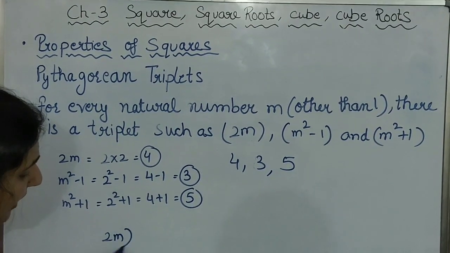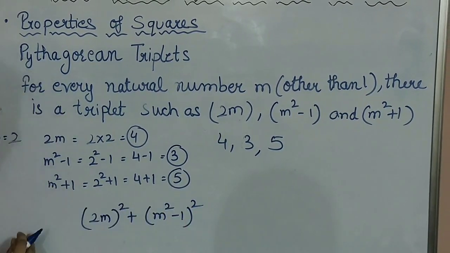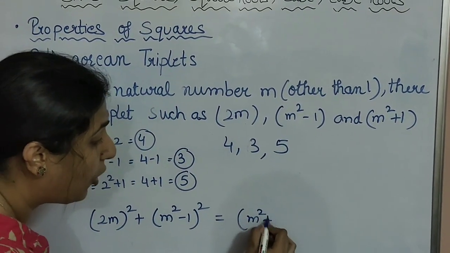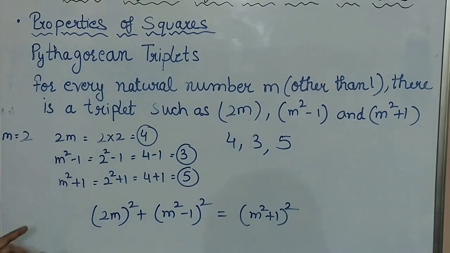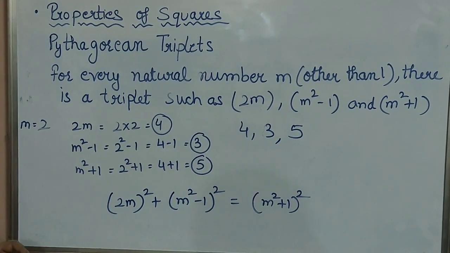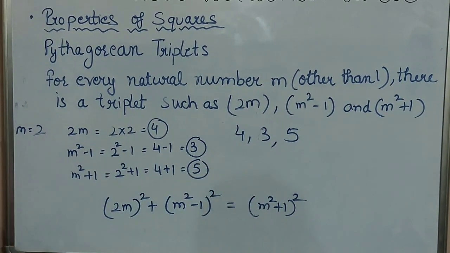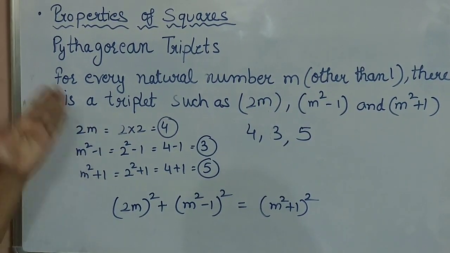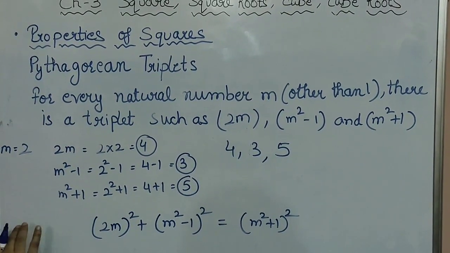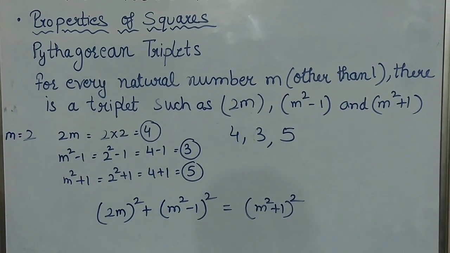How? 2m whole square plus m square minus 1, the second triplet number's square, is always equal to the square of the third triplet number. So this is the equation basically. Why do we use this equation? When we are given a number and told to find the rest of the two numbers, it is one of the numbers of a Pythagorean triplet, and we find the rest of the two triplet numbers. Okay, so basically this term and equation will be clearer when we do the related questions.